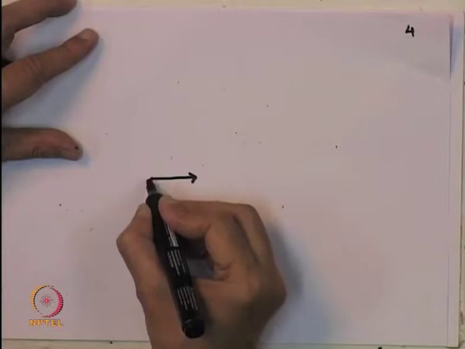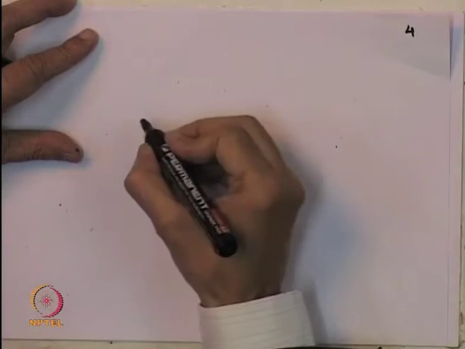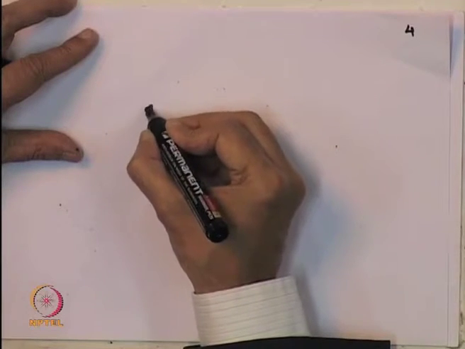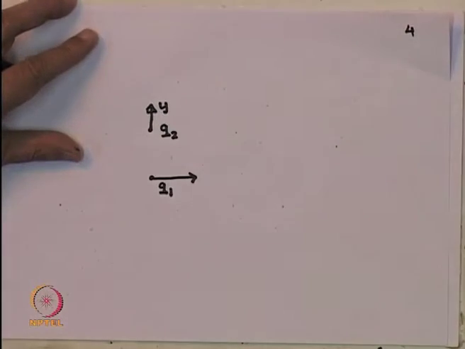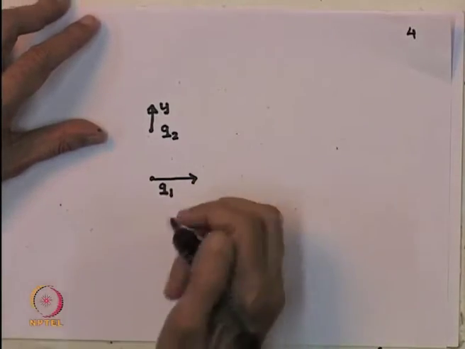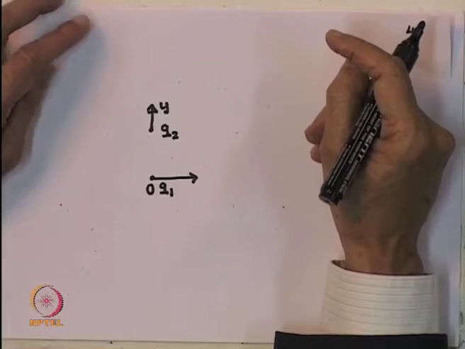Let us suppose the charged particles are moving in the plane of the paper. There is a charged particle moving along, let us say, the x direction, let us call it q 1, and there is a charge q 2 which is moving along the y direction. I am looking at the force on this charge at the instant when it is passing through the origin.